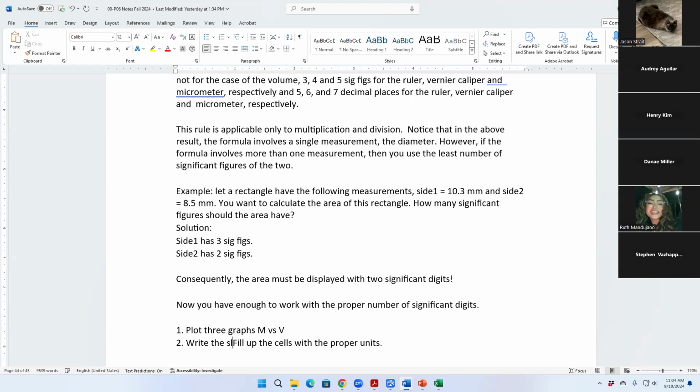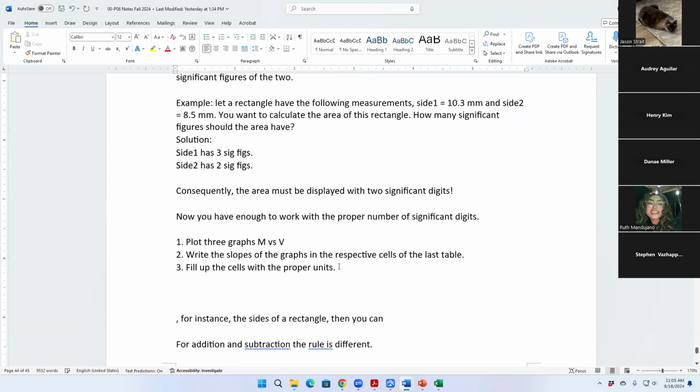Write the slopes of the graphs in their respective cells of the last table, like that. In the respective cells of the last table, fill up the cells with the proper units.